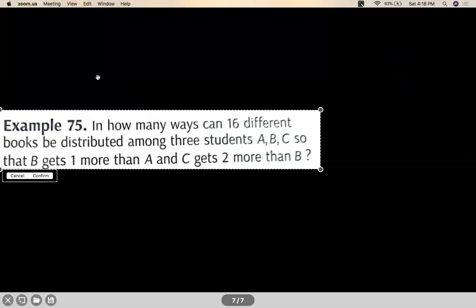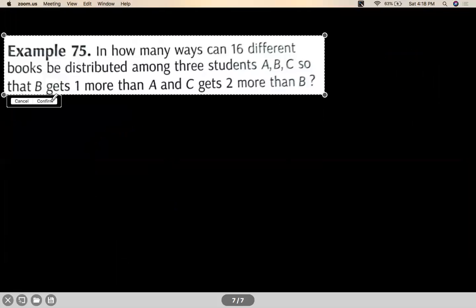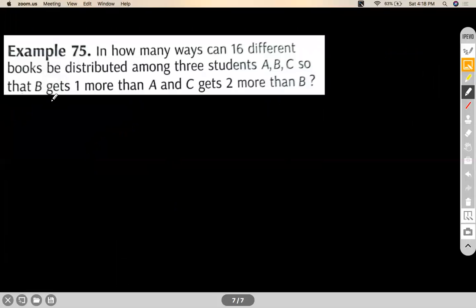In how many ways can 16 different books be distributed among 3 students A, B, C so that B gets 1 more than A, C gets 2 more than B?